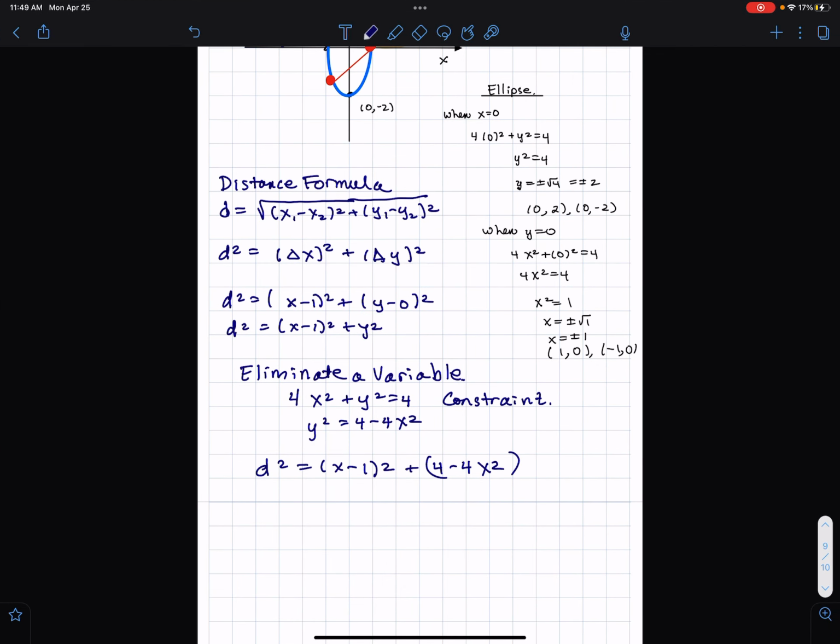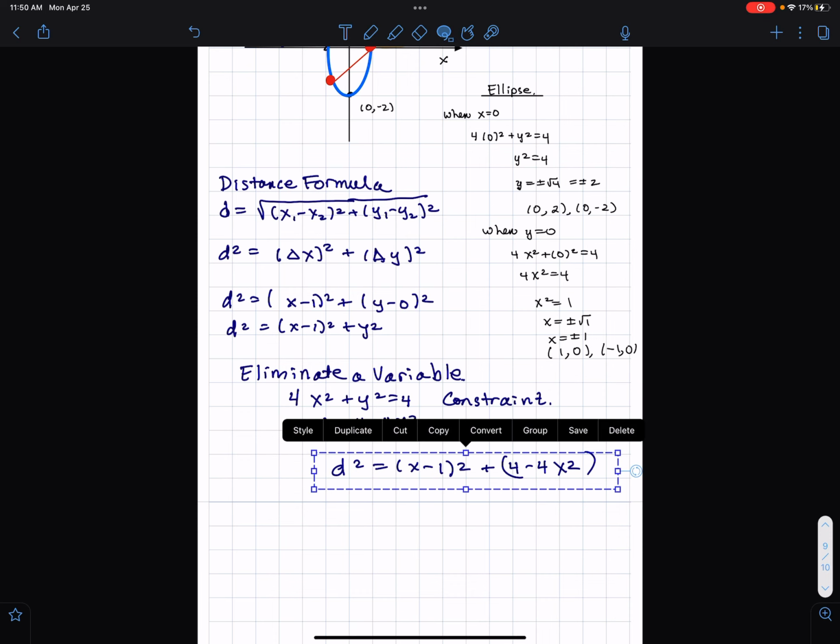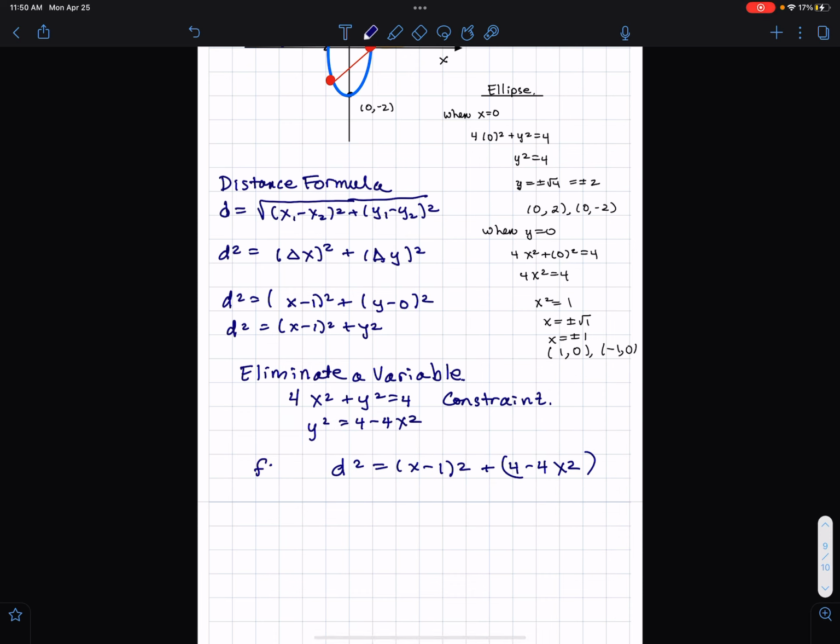So now I'm going to call this d squared f of x. By the way, this is a quadratic. What we're doing here is we're trying to find x and y. We're going to try to find the (x, y) that makes d squared a minimum value.